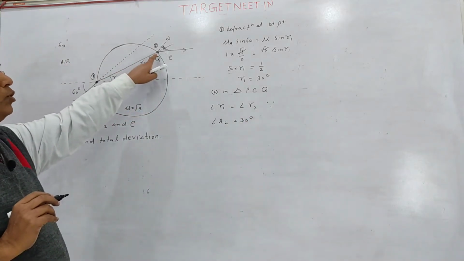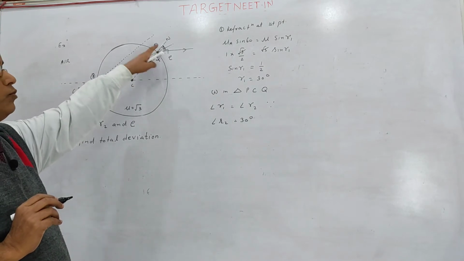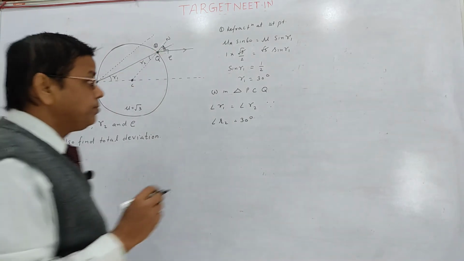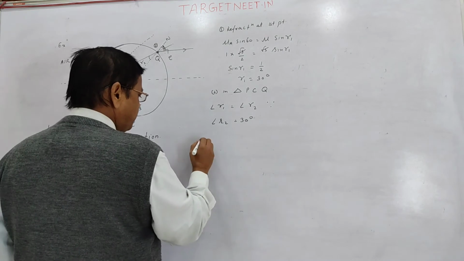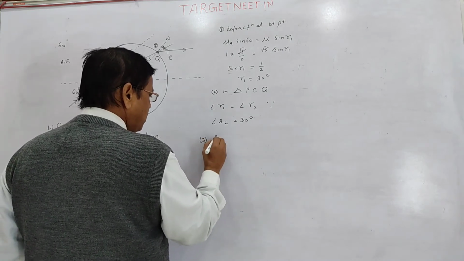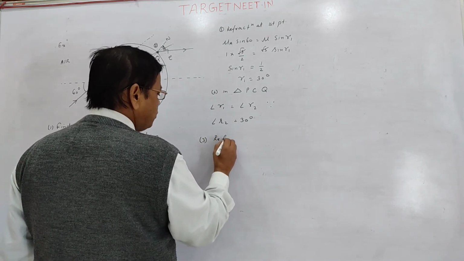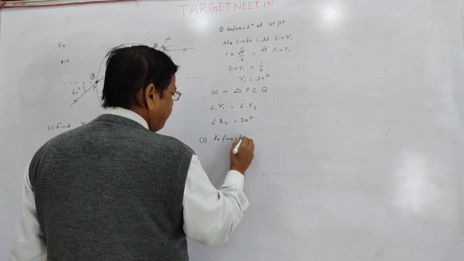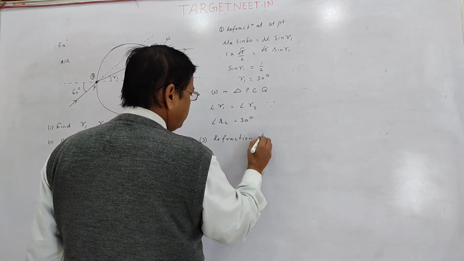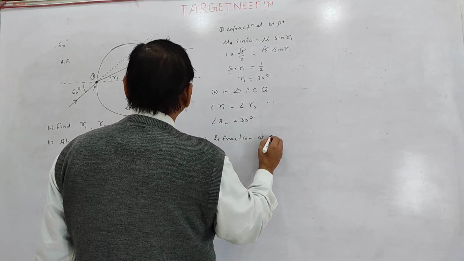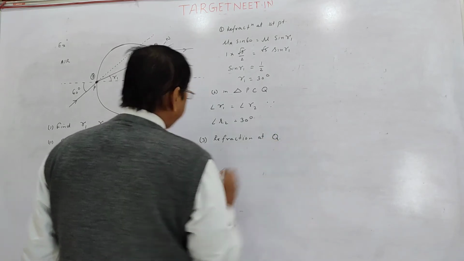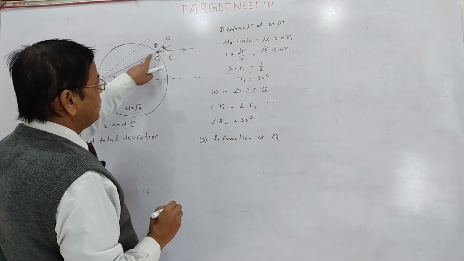Now once more use Snell's law at point 2 to find the angle of emergence. So third, refraction at point Q. So I'm going from this side to this.